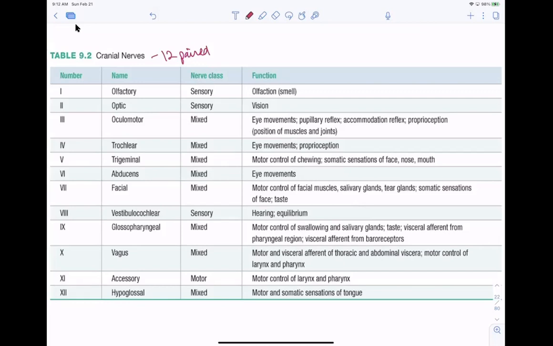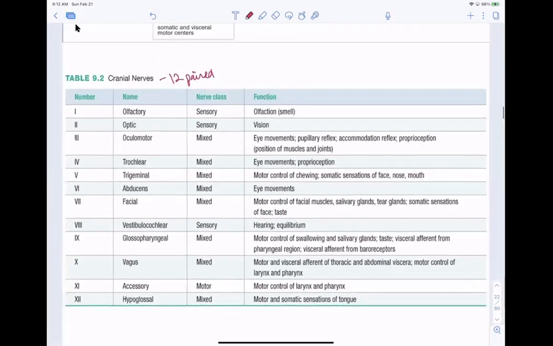And so some of these are really confusing to me in this table because certain books will classify the oculomotor and trochlear and abducens as pure motor. And I'm not sure why your book does otherwise.